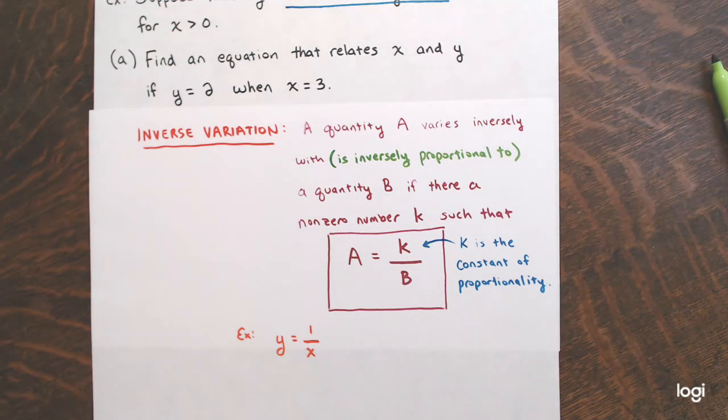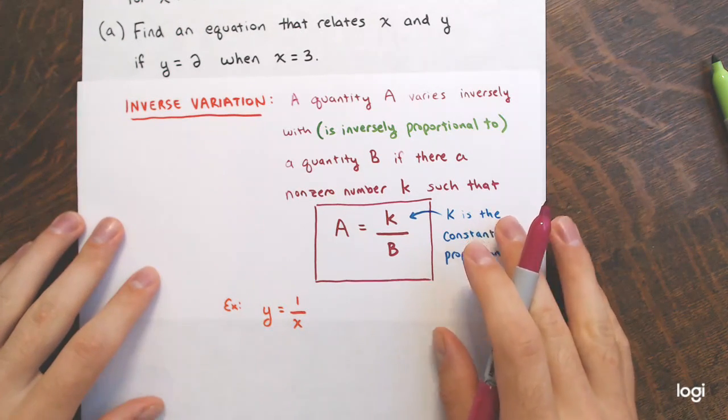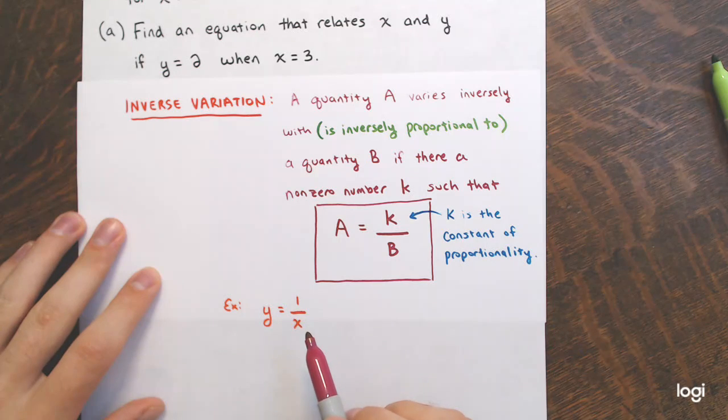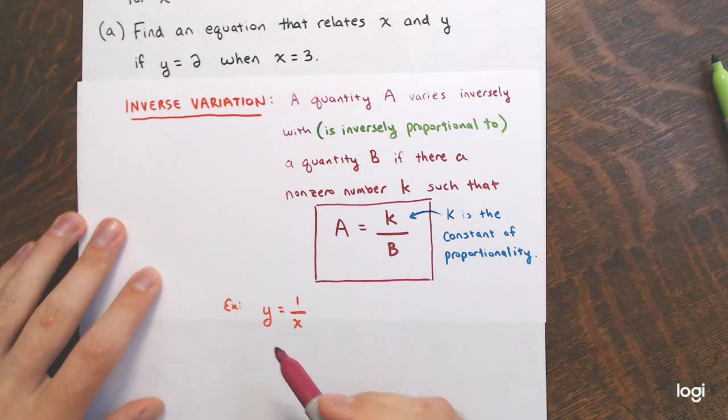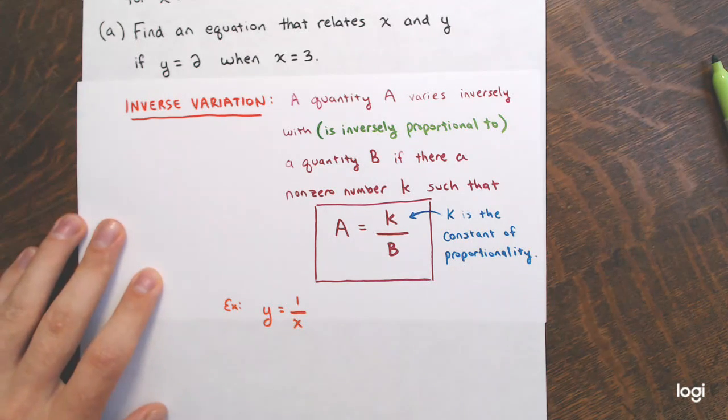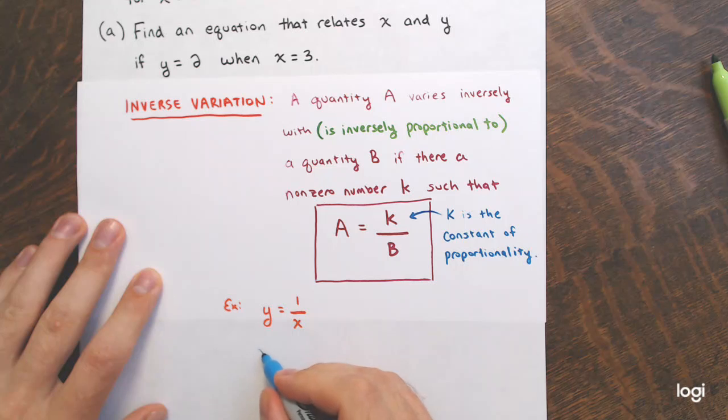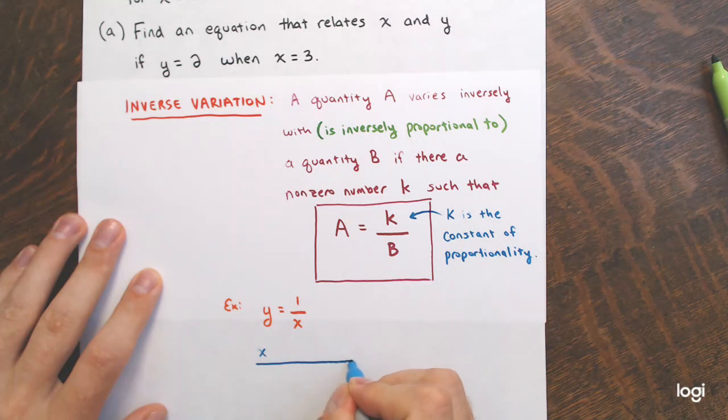There was a direct relationship between the two variables. Let's take a look at this equation, y equals 1 divided by x. When K is positive, you can very easily see why they call this inverse variation. I will make a little table relating values of x and the corresponding values of y.